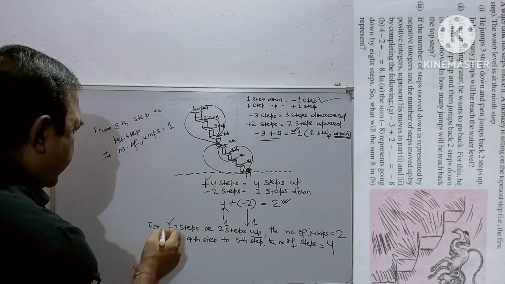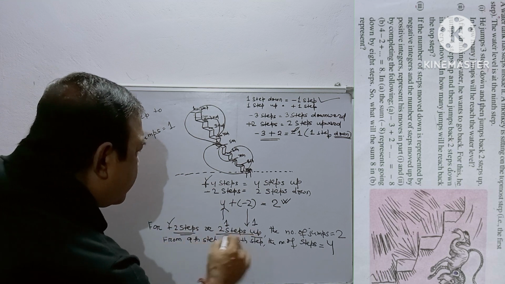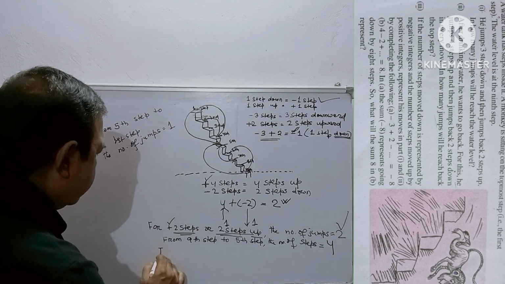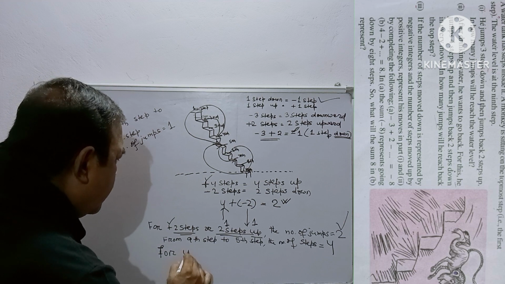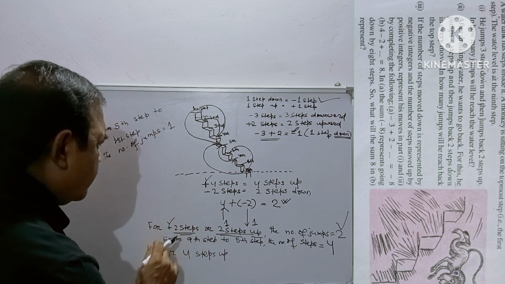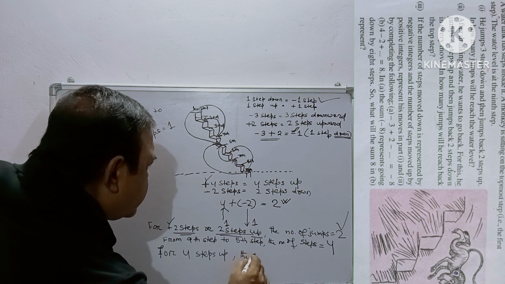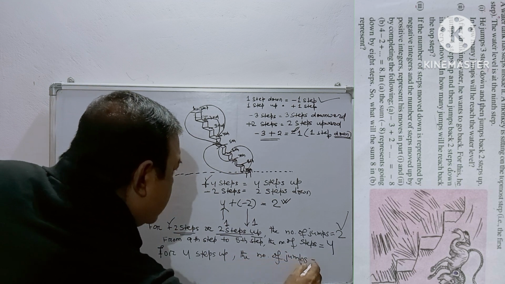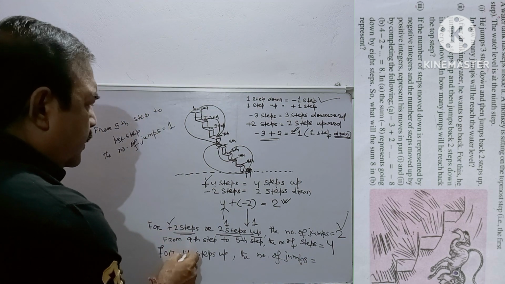Okay? So already we have written here, for the first 2 steps, the number of jumps is 2. So for 4 steps, you may write like this, the number of jumps is equal to 4, because 2 times 2 is 4.